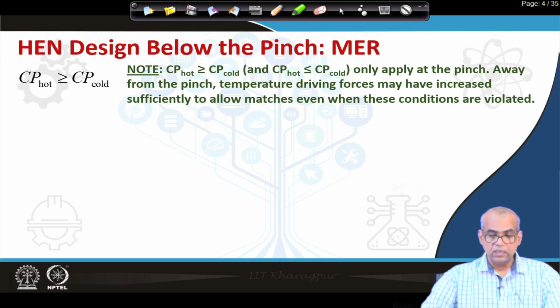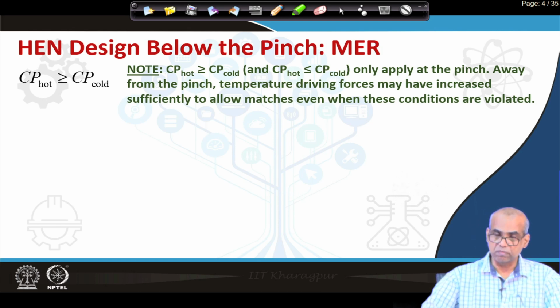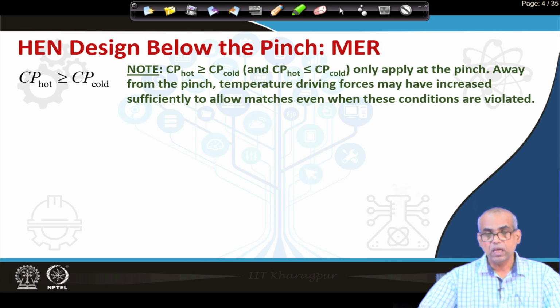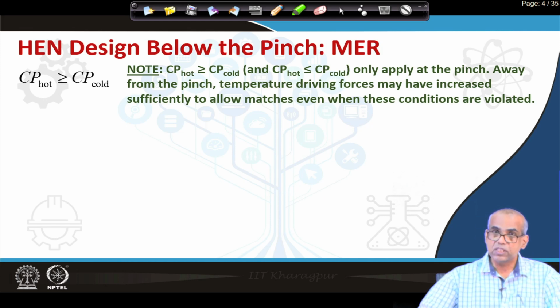Note that the criterion such as Cp hot stream is greater or equal to Cp cold stream in the region below the pinch and Cp for hot stream less or equal to Cp for cold stream in the region above the pinch, these inequalities are applicable only adjacent to the pinch.